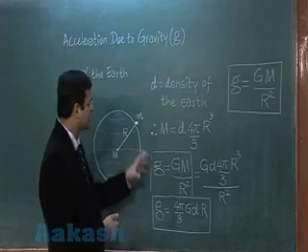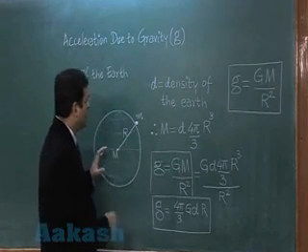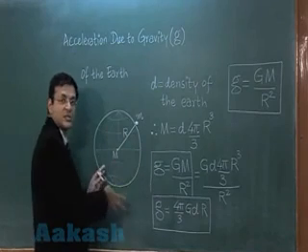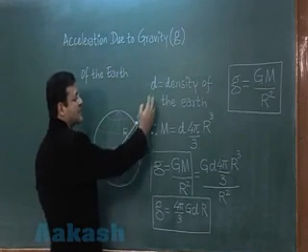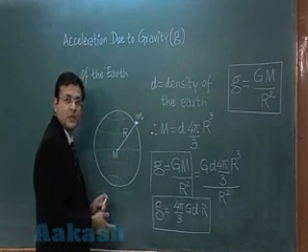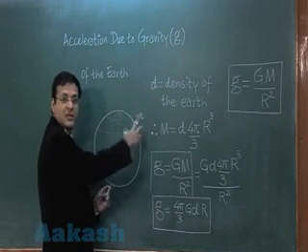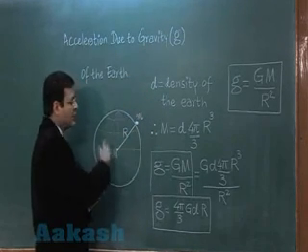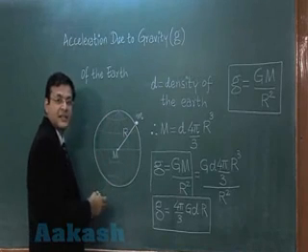Now you see, this is acceleration due to gravity, which varies on different parts of the earth. It is not a quantity which is constant. If you go above the surface of the earth, which you call altitude, then also you will find that the acceleration due to gravity is decreasing. If you go below the surface of the earth, you will find that this acceleration is again decreasing.